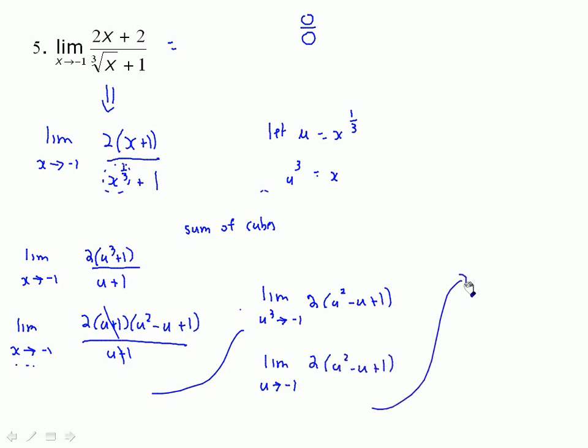We should be able to now take the limit with no problem. We have no denominator. So this is 2 times negative 1 squared minus negative 1 plus 1. So 2 times 1 plus 1 plus 1. So that's 3 times 2 is equal to 6.